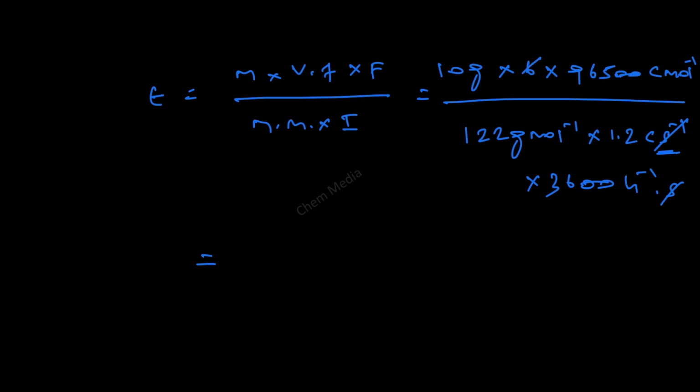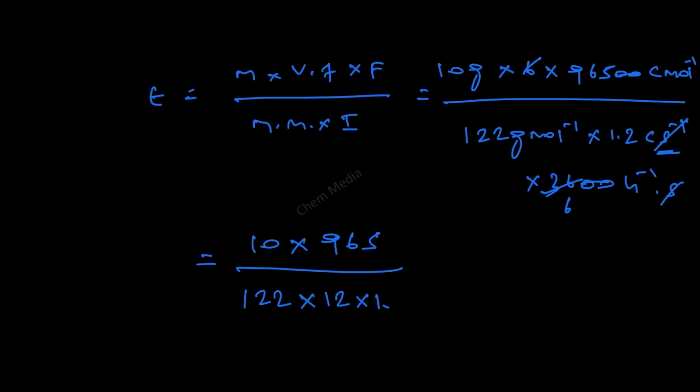And then 1 times 6, this is 6 times 6, and we can write that 10 times 965 divided by 122 times 12 times 10 to the power minus 1. Let's put it that way, times 6.